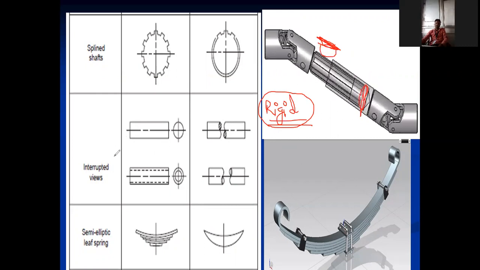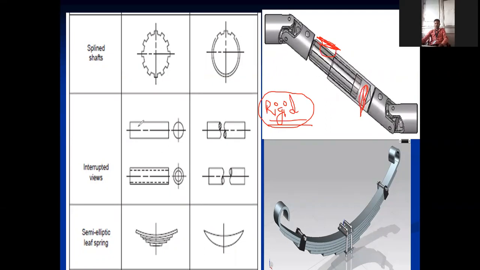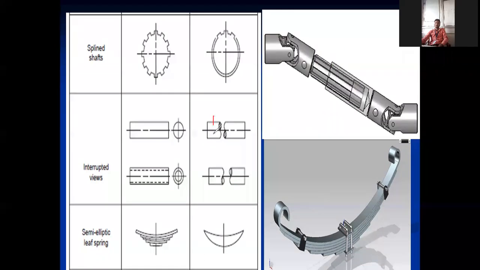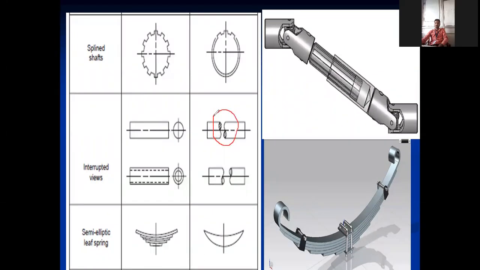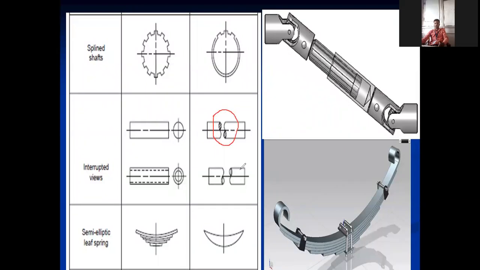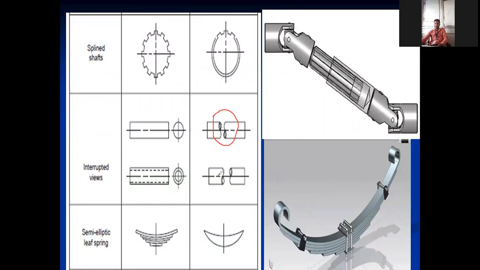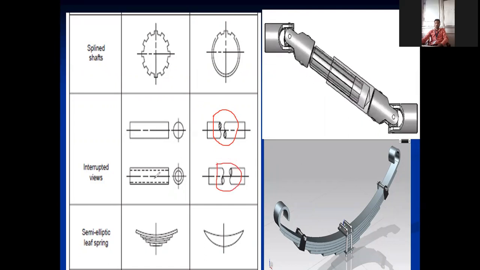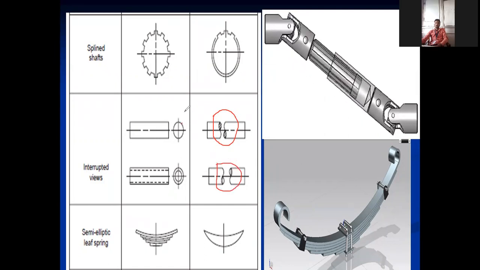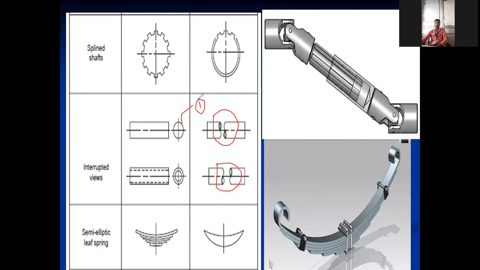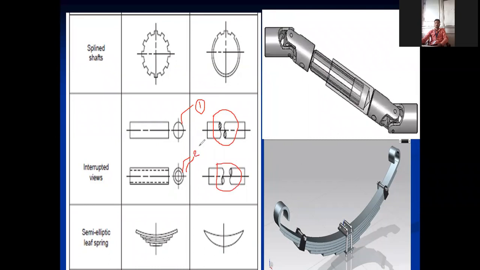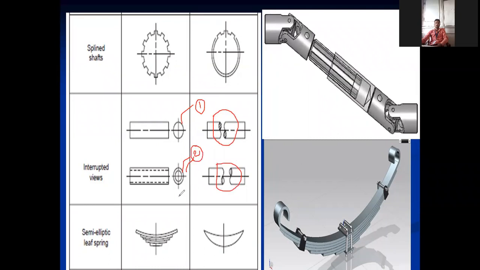Okay, further, interrupted views. There is nothing to discuss regarding this. Whatever structure is provided, in your MOM subject, mechanics of material, many times you will draw this symbol. First one is for solid shaft, another one is hollow shaft. Here you will observe only one circle, it is a solid shaft, and here two circles are there, it means it is a hollow shaft.